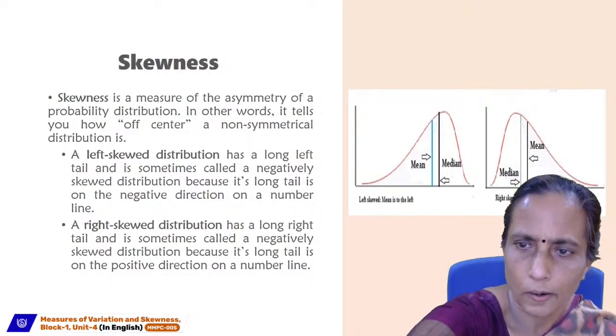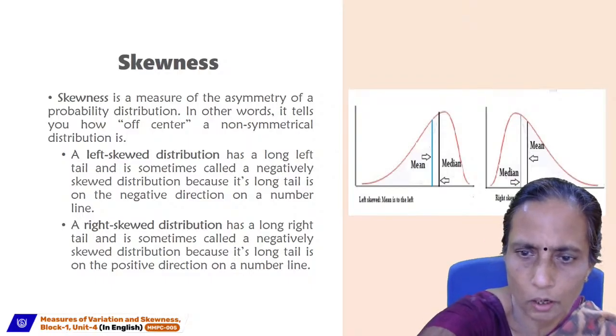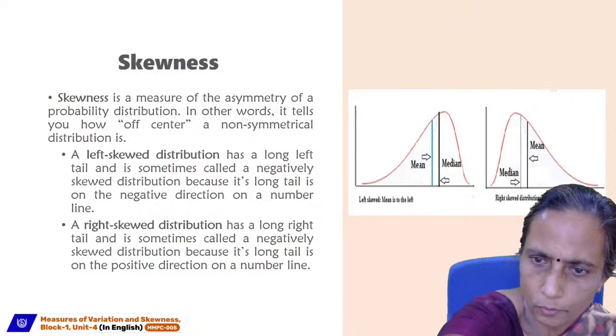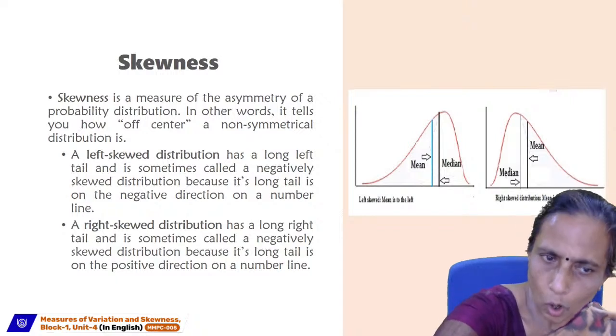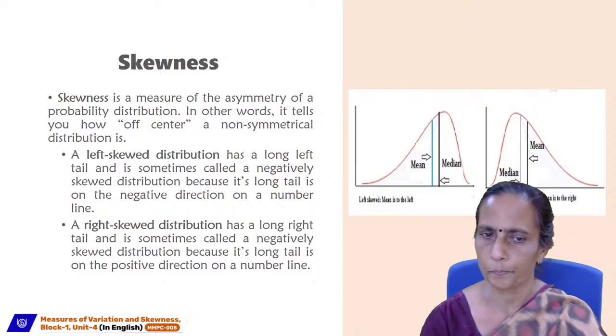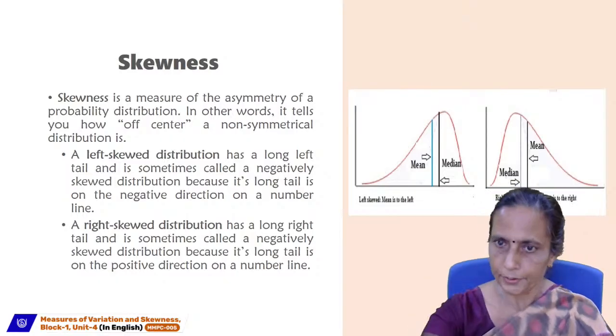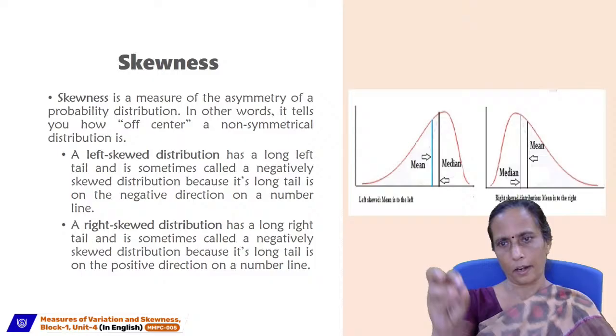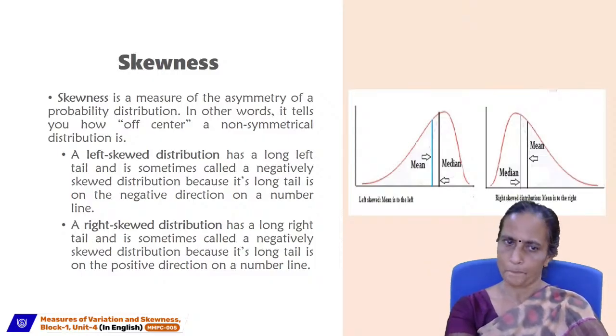So if this is your mean, your tail is towards the left of the mean, a long tail towards the negative direction. If that is the case, then we say it is a left skewed distribution.